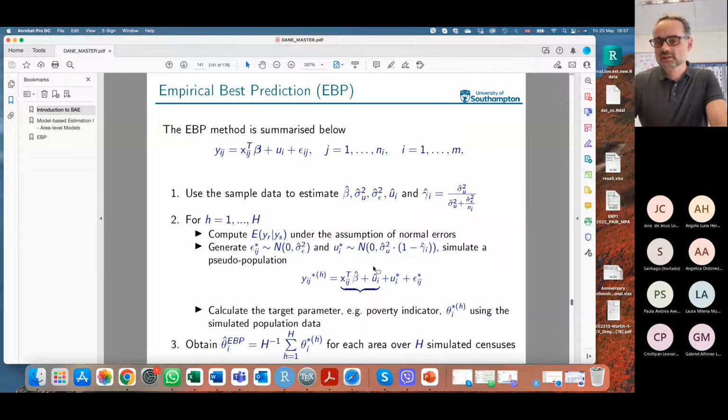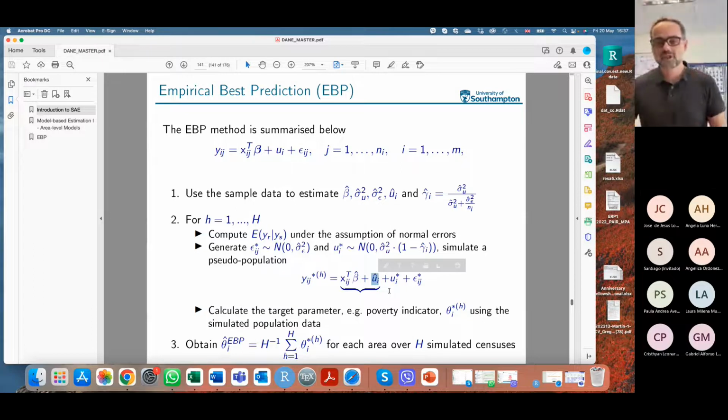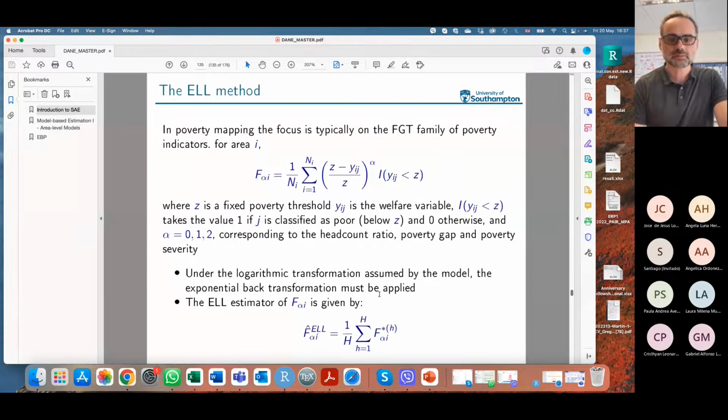And the second thing is that because we condition on the sample data, you get the predicted random effect that has been estimated with the original sample data added to the predictions under the model. So basically you take x_ij beta hat plus u_i hat. With the ELL method, you didn't have this u_i hat. That was not there.